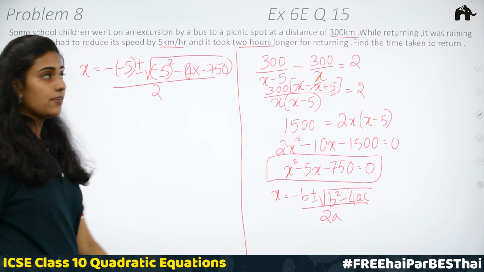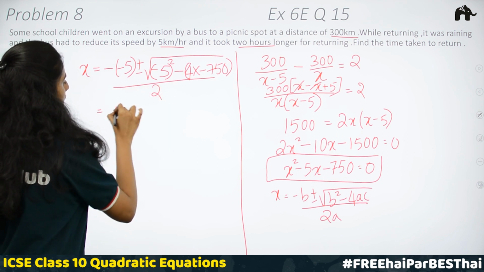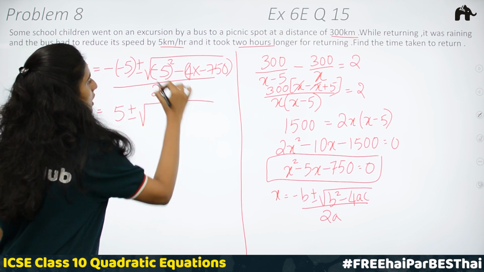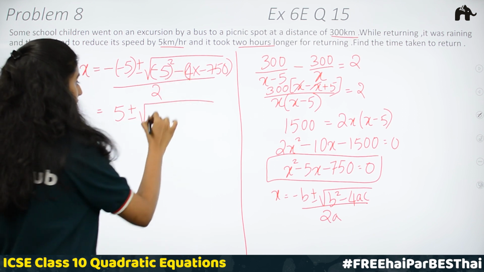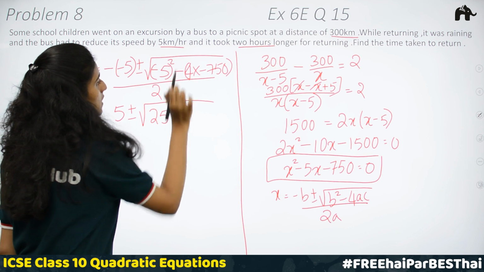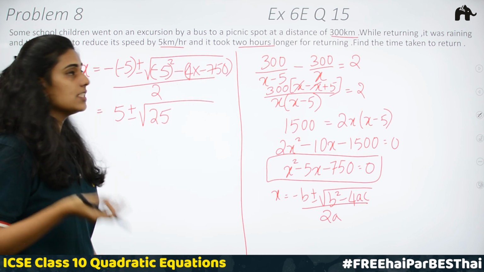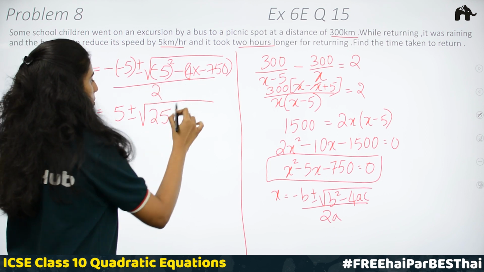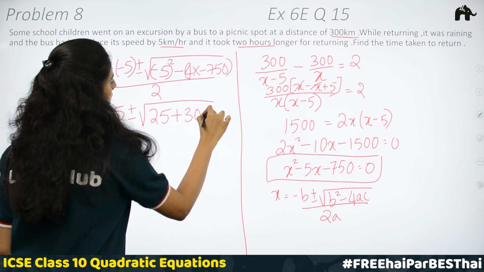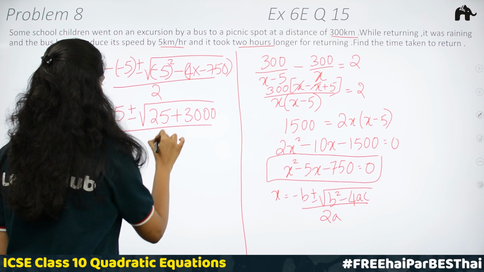Minus of minus 5 is plus 5, plus or minus root of minus 5 square, 25, minus 4 into minus 750. 750 into 4 is 3000, negative into negative is positive, plus 3000, divided by 2.